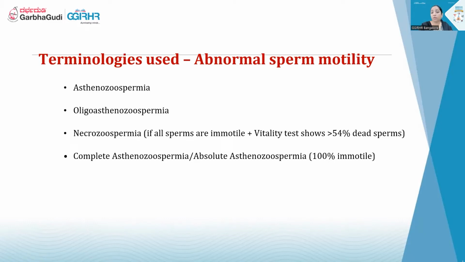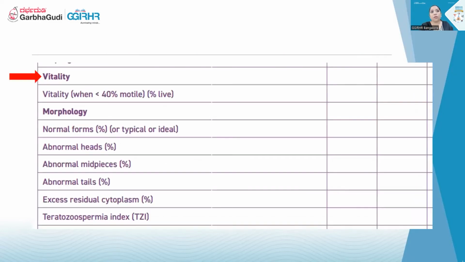Necrozoospermia is where there are more immotile sperms and the vitality test shows more than 54% dead sperms. And complete asthenozoospermia would be a condition wherein all the sperms are immotile but you may have a higher percentage of live sperms. Okay, moving on to the vitality.